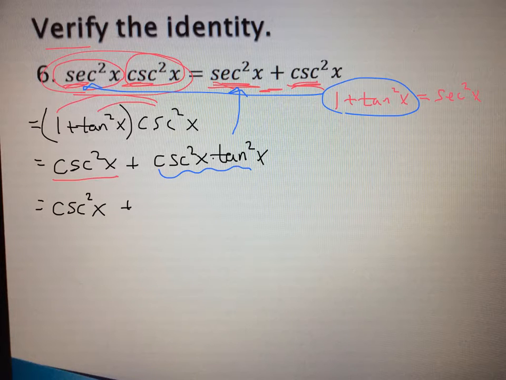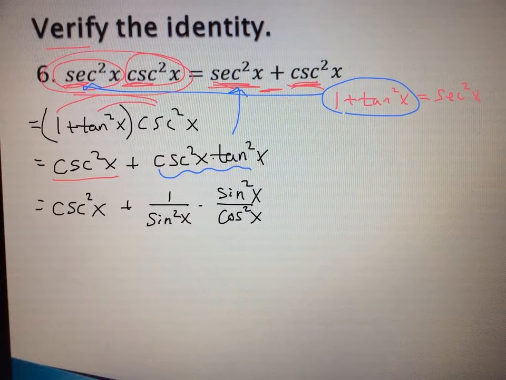So cosecant squared of x would be equivalent to 1 over sine squared of x, and that is going to multiply tangent squared of x. And I know that tangent is equivalent to sine over cosine, but I just need to make sure those are both squared, and we're taking the sine of something.